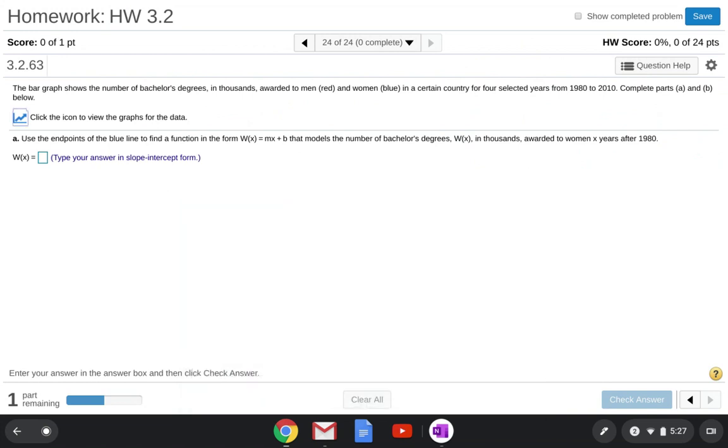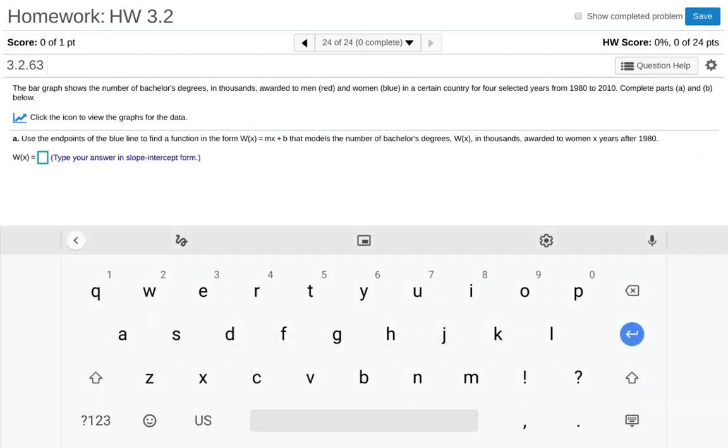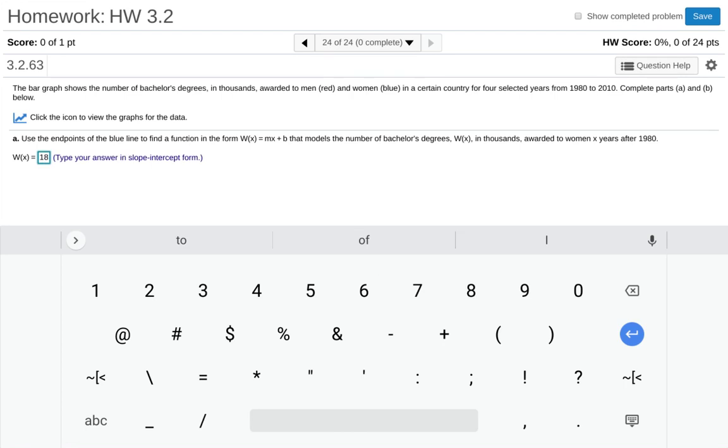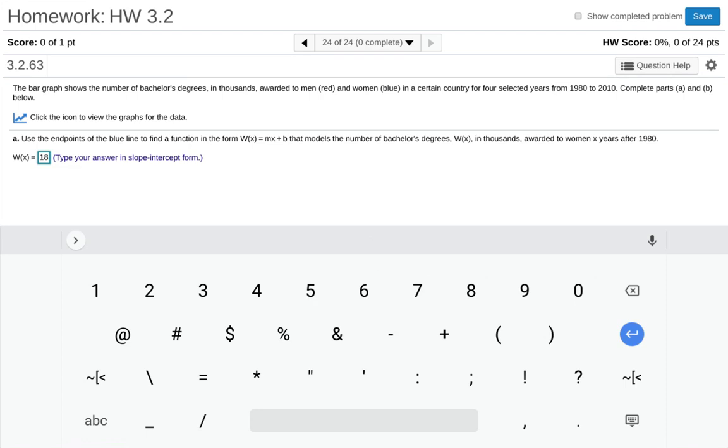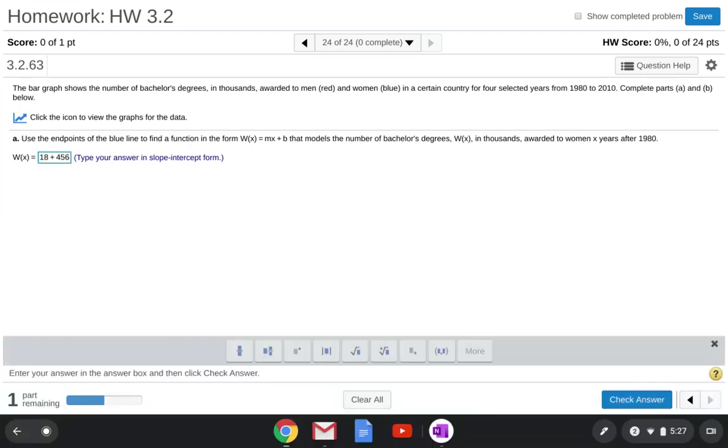18x plus 456. So you have to type that. 18x plus 456.